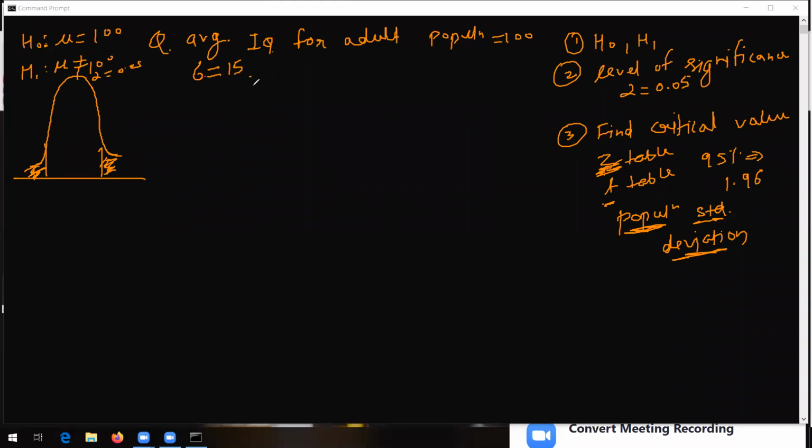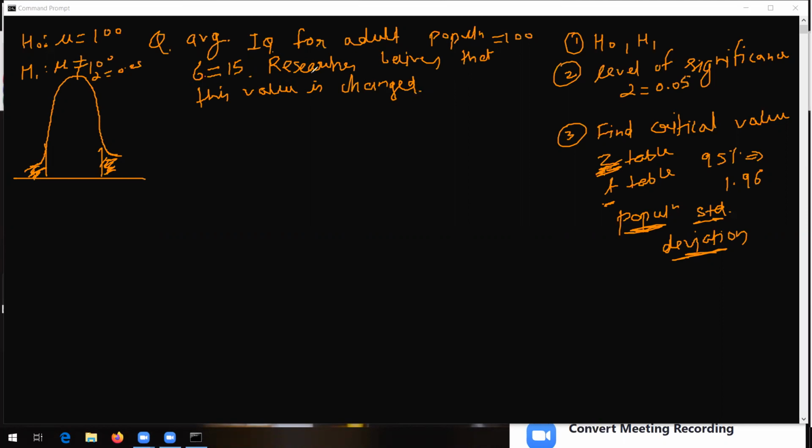Now they are saying that a researcher believes this value has changed. Which value? The average IQ for the adult population. Someone believes that this value has changed.